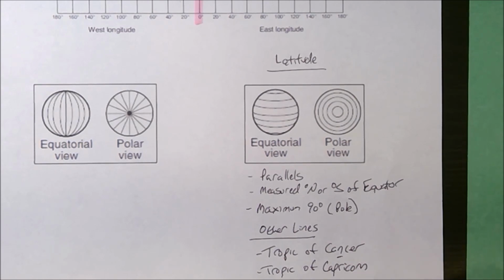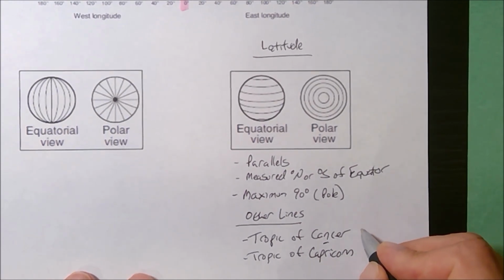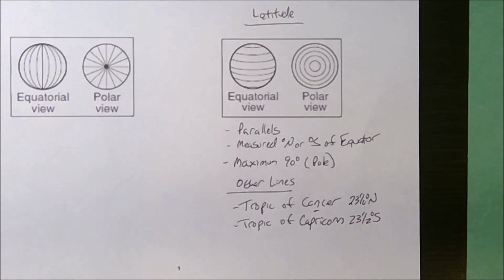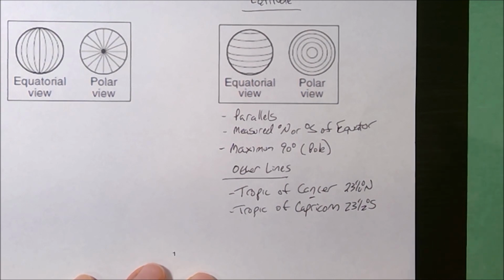N is alphabetically before P. If you're trying to remember these, Capricorn is at 23.5 degrees north, while Cancer is at 23.5 degrees south. You might ask yourself, where does that number come from? The 23.5 degrees is actually equal to the tilt of the Earth's axis.